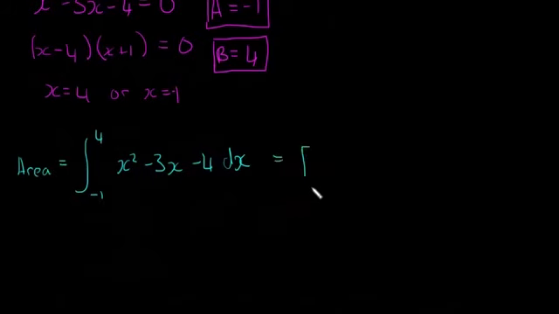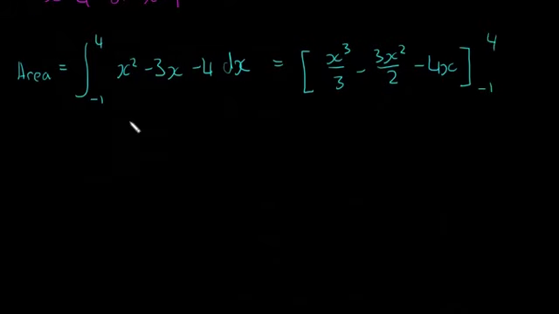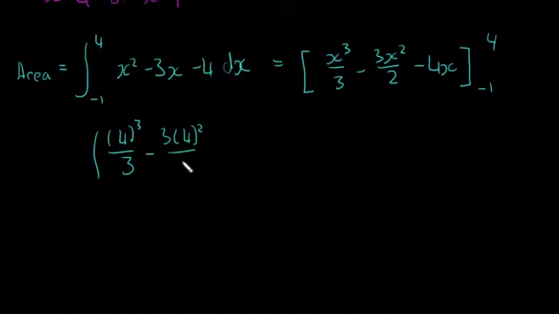So that's going to be equal to x cubed over 3 minus 3x squared over 2 minus 4x evaluated from minus 1 to 4. Okay, and after this now it's just normal definite integrals. So that's going to be 4 cubed over 3 minus 3 by 4 squared over 2 minus 4 by 4, one bracket, minus, and be careful about the minus 1 here, because the minus 1 will affect it.